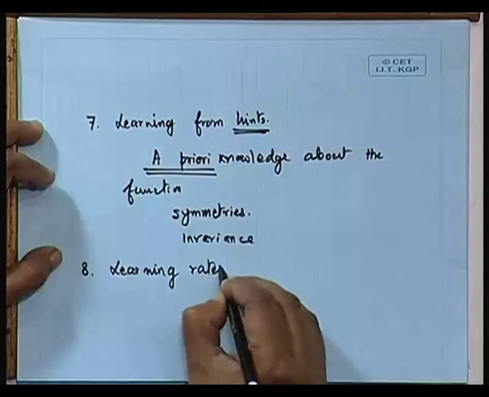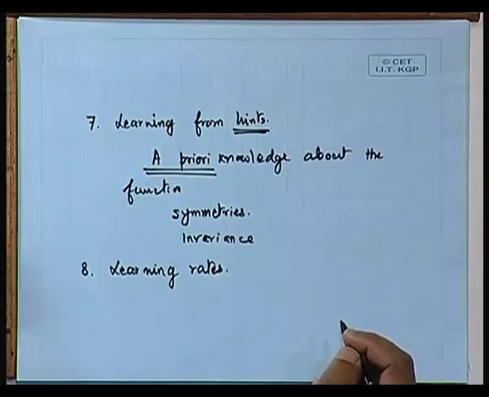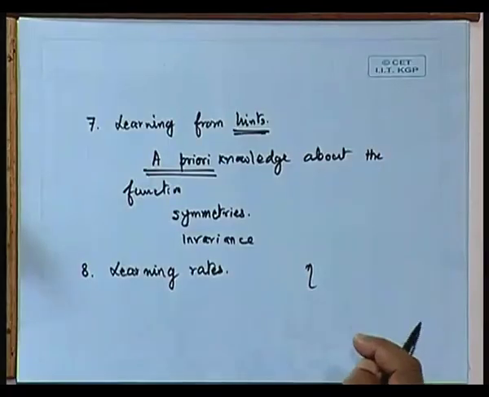We have been assuming so far, for simplicity, that for a multi-layer perceptron, in the learning rule that we had used earlier, you will remember that all the time we have a factor eta which is the learning rate. The very fact that we are using eta without any suffixes means that eta is going to remain constant throughout the iterations.